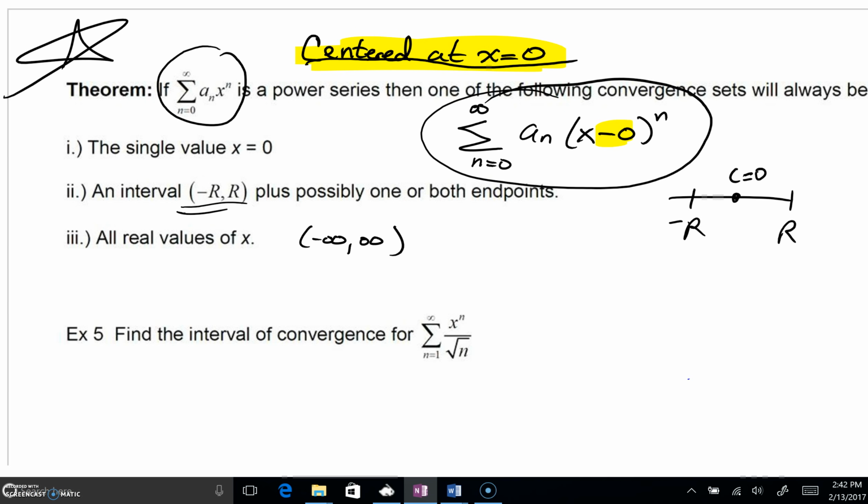Maybe both endpoints are going to converge, maybe only one, maybe neither. And then finally, a third possibility that you might have, we saw this earlier, you might find that you converge for all values of x. That would be going from negative infinity to positive infinity. Now we're going to skip number 5 just so that we can take a look at a following theorem.